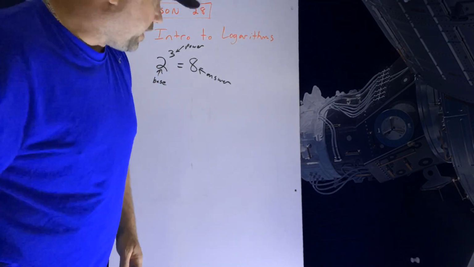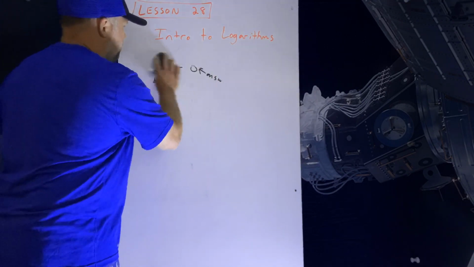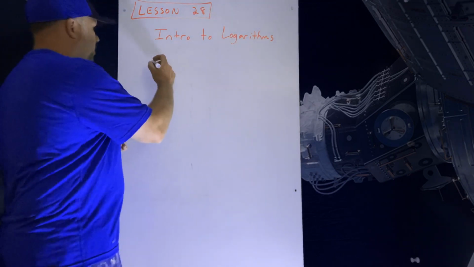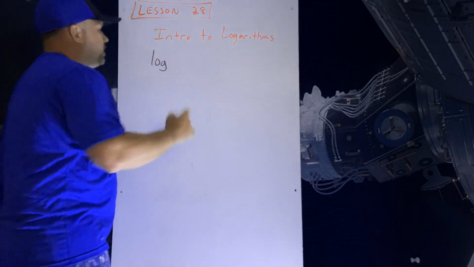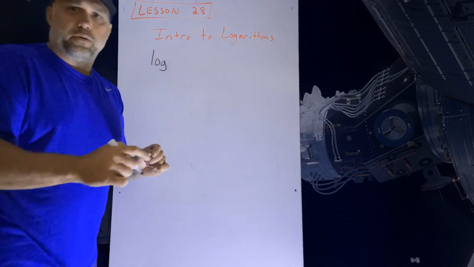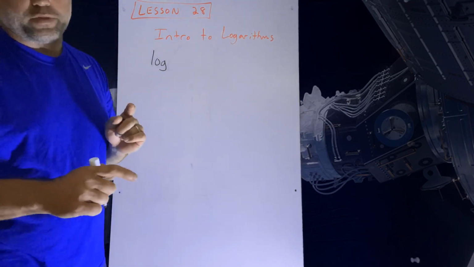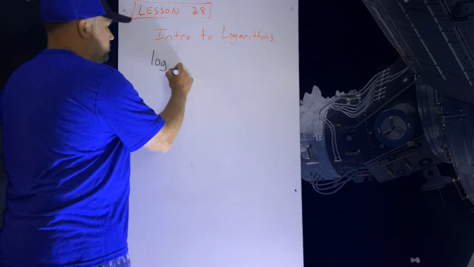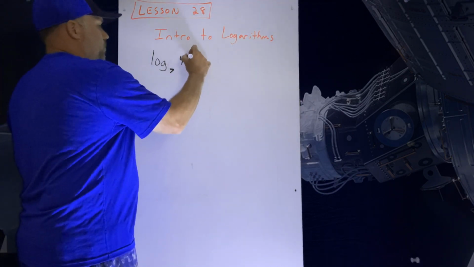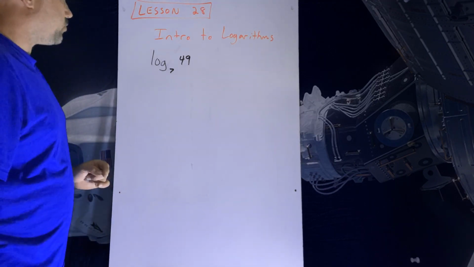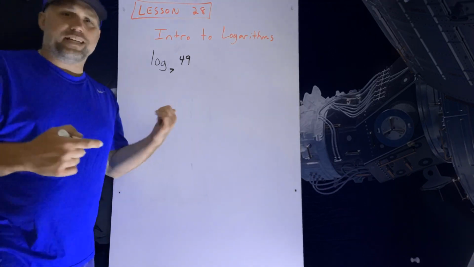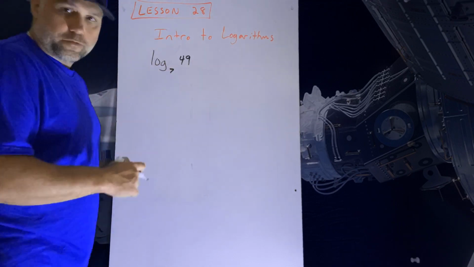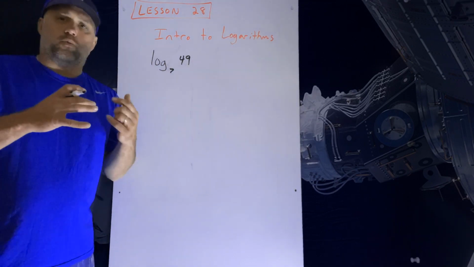So let me just show you that real quick with a couple of examples. If I wrote down our first logarithm here, so log, and when we write logarithms, they always have a base associated with them. So let me give this log a base of 7, and then I'm going to put 49 next to it. So there's a logarithm. And the way we say this is we say this is log base 7 of 49. So what does this mean?